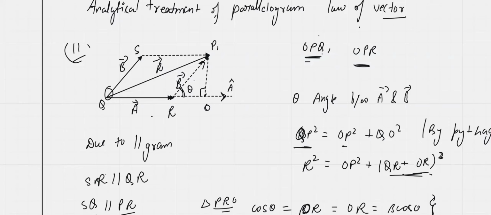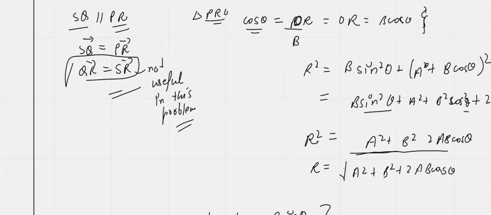Every time we don't need to know whether my problem is getting solved with the parallelogram law or triangle law of vector. They are nothing but all the possible conditions of how you can represent a vector and get the resultant out of it. At the end of the day, by both ways we are getting the same result, same value, right? Yes.